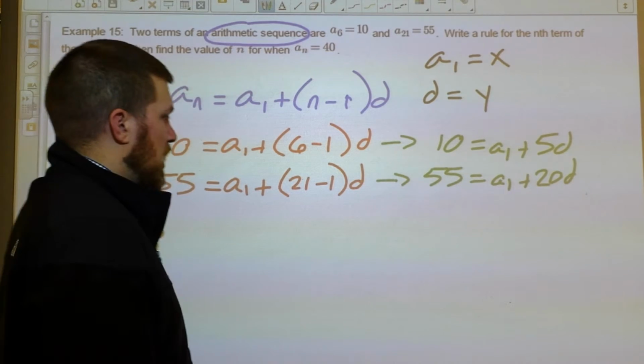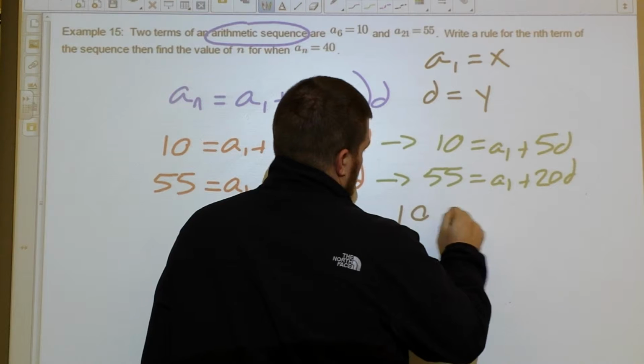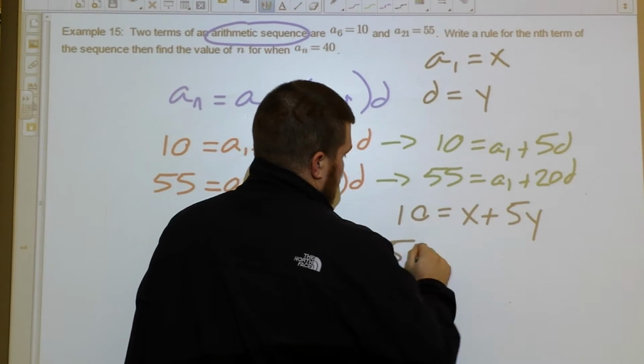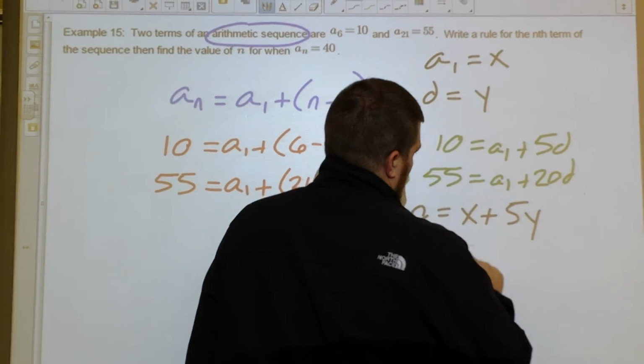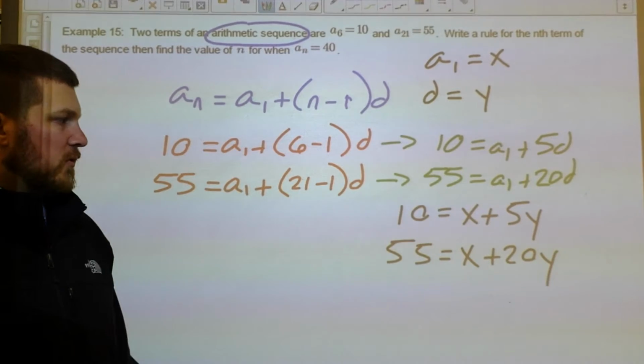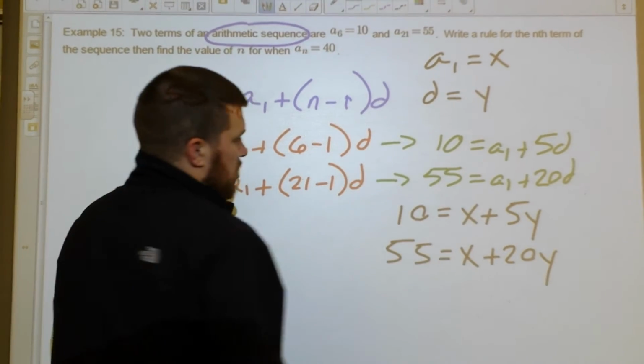So both equations now become, my top equation, 10 equals x plus 5y. My bottom equation becomes 55 equals x plus 20y. We've seen stuff like this before in previous classes. What we need to do is get y by itself, and you should know how to do that.